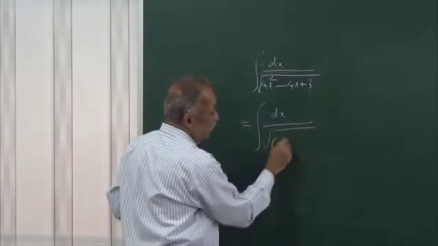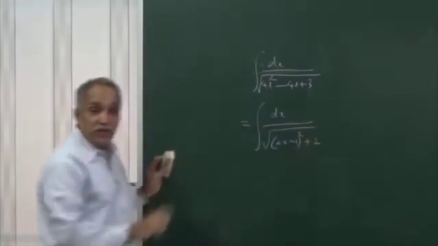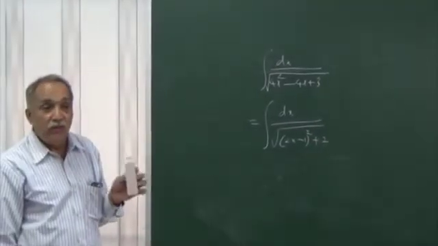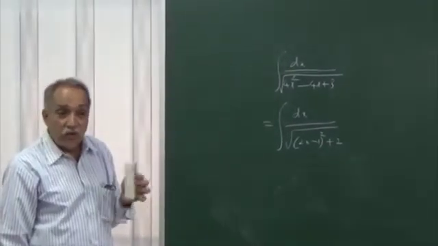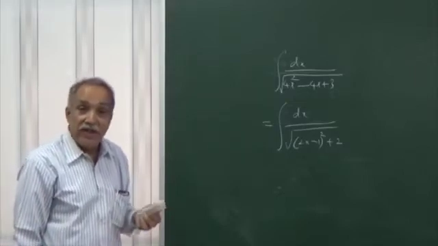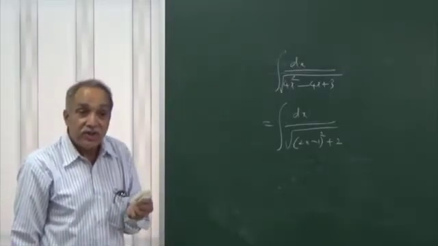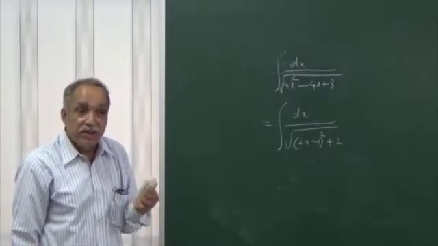Yes, 2x minus 1 whole square plus 2. The expression now is in the form 1 by root of x square plus a square. For 1 by root x square plus a square, it is known that the antiderivative is sin hyperbolic inverse x by a.